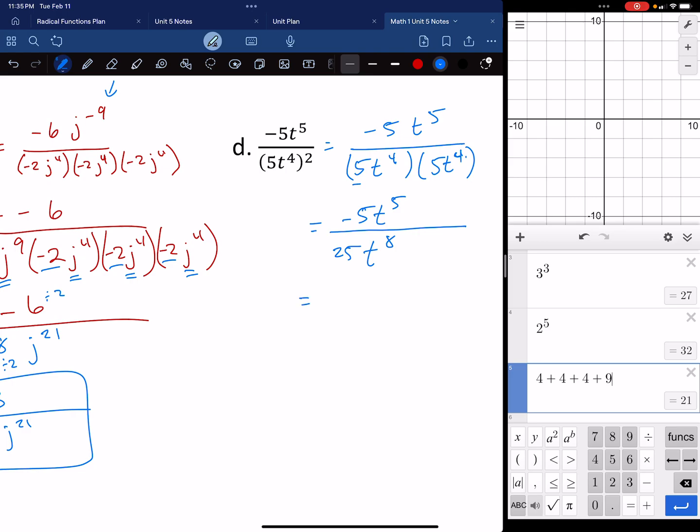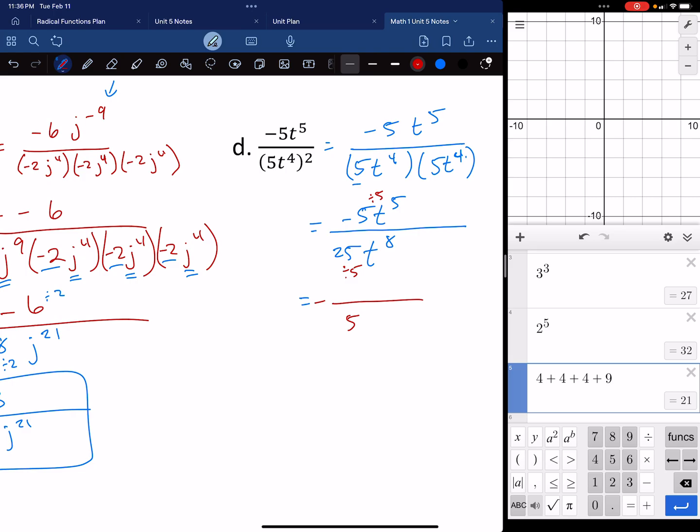Now we just got to simplify. We have negative 5 on top, positive 25 on bottom, right? So we can divide the top and bottom by 5. We're going to end up with just 5 on the bottom, and the whole problem is going to end up being negative. I also have t to the 5th on top.